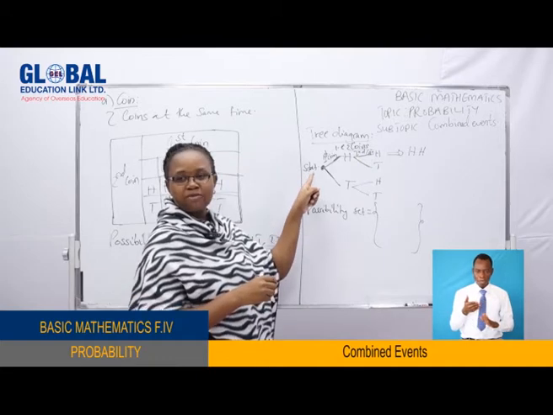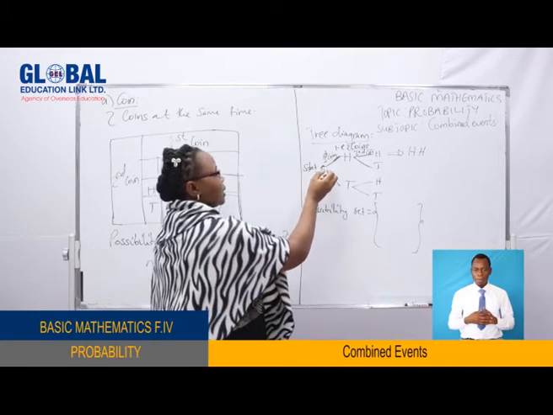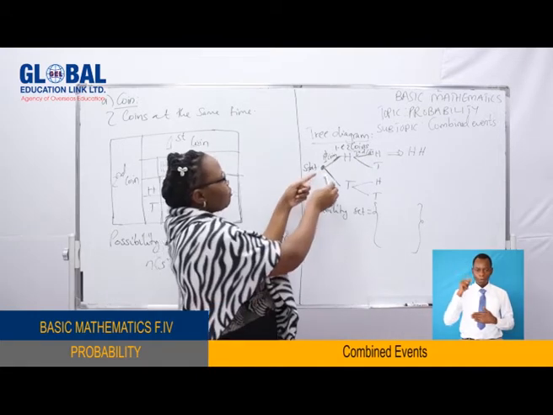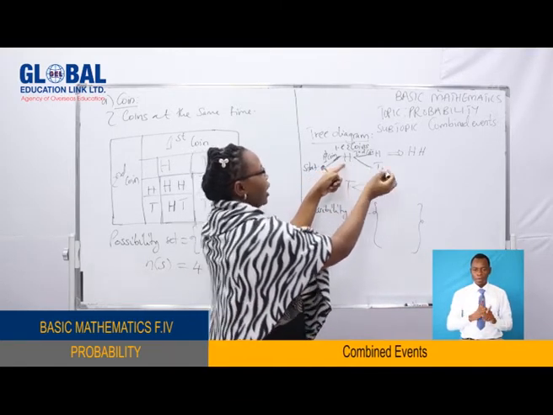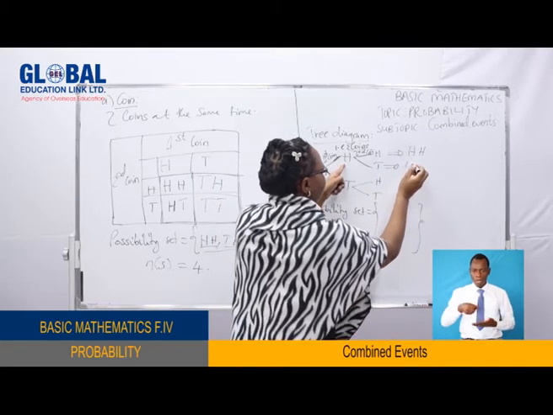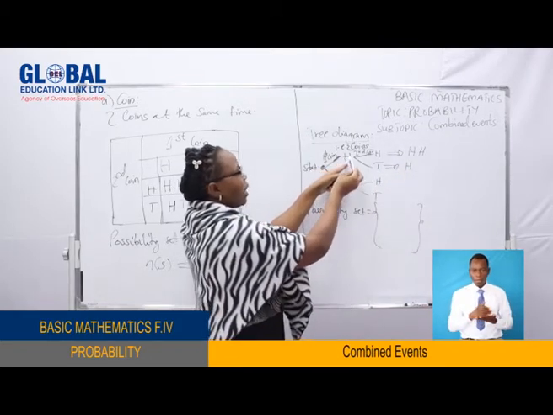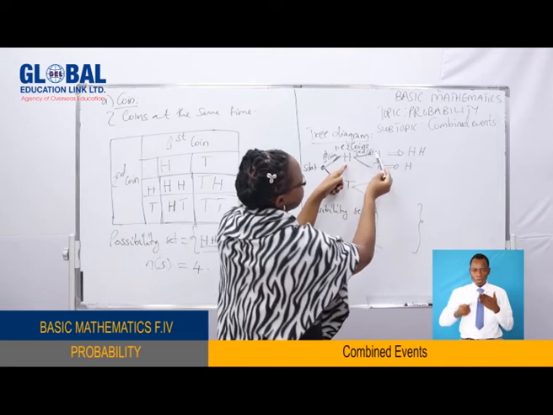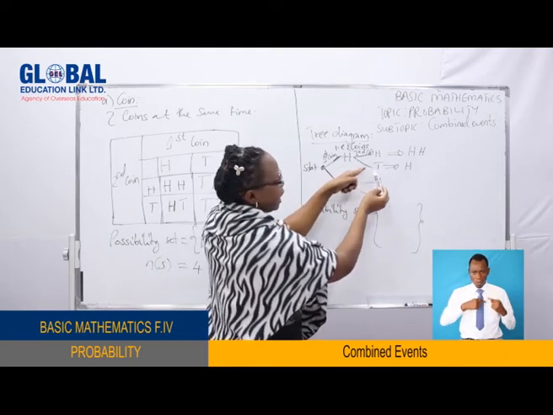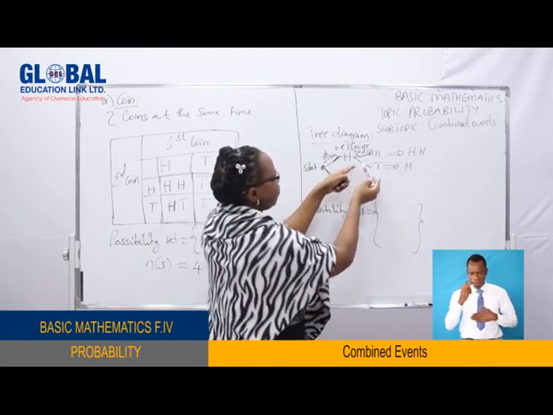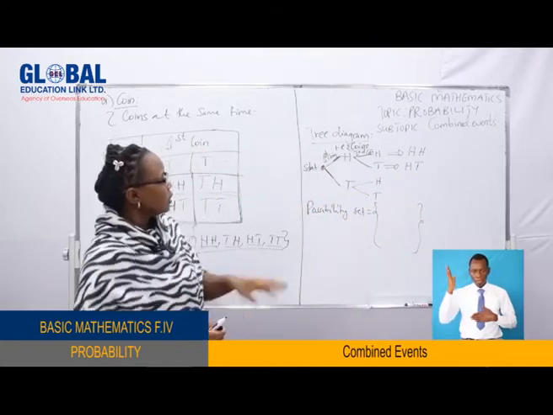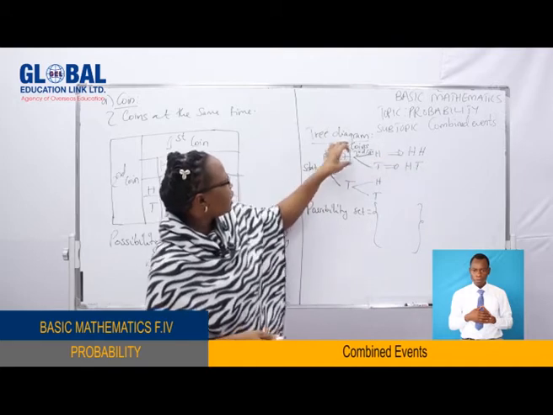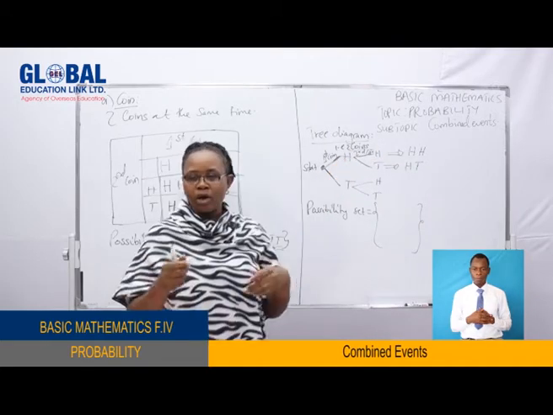We also start from the beginning, the starting point. Then we move in the same direction, the first coin shows head. From head, we have already chosen this one. Then we come to the second branch here, from head to tail. So these are the 2 branches obtained from the first coin and the second coin.